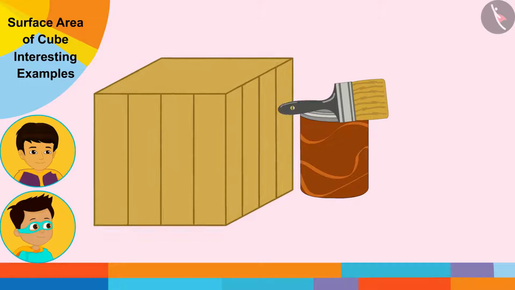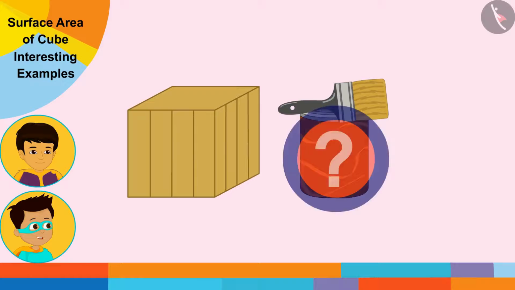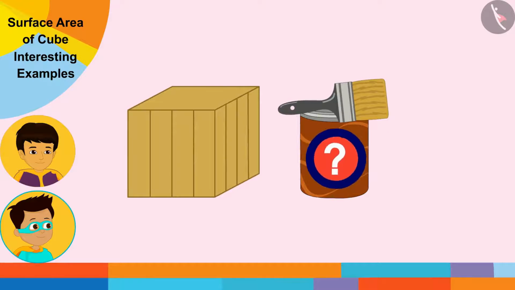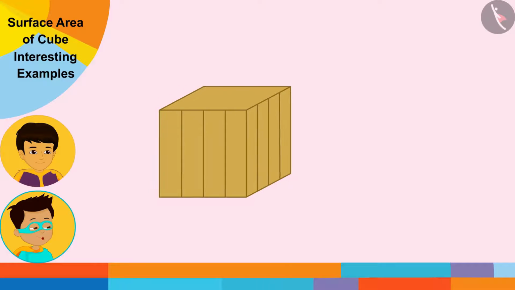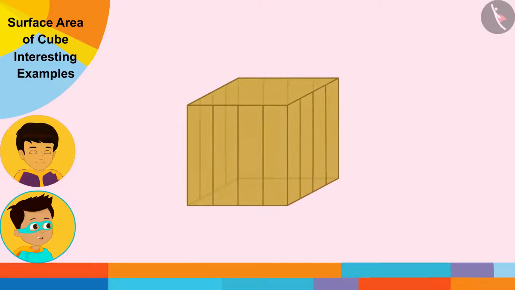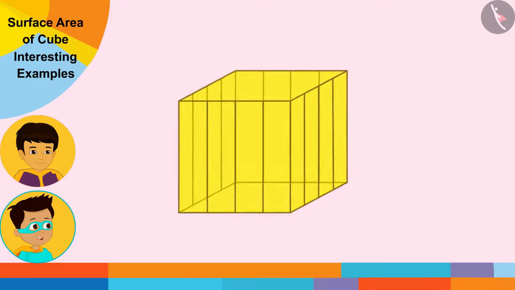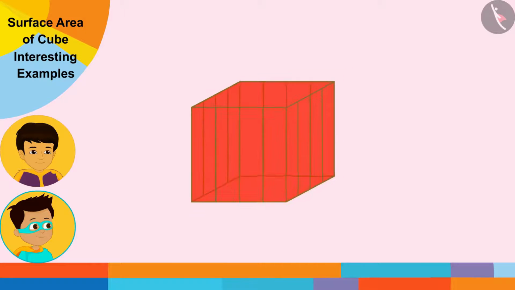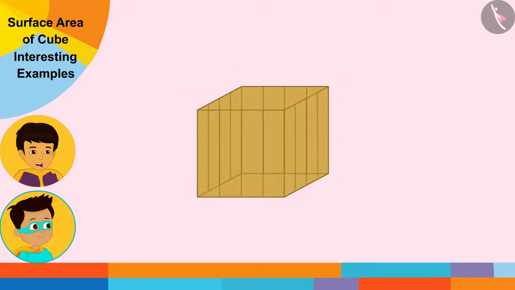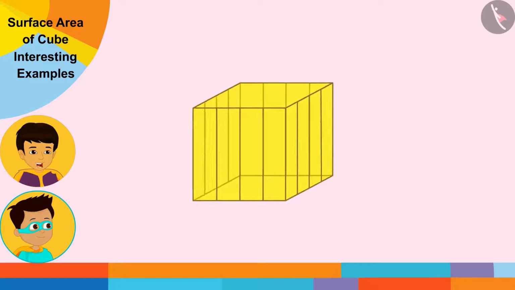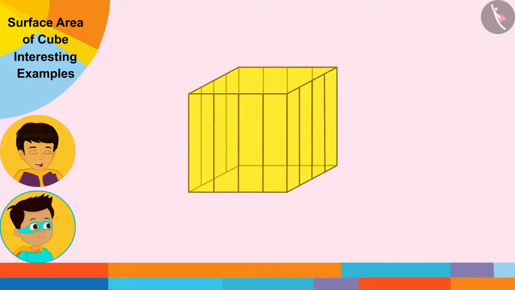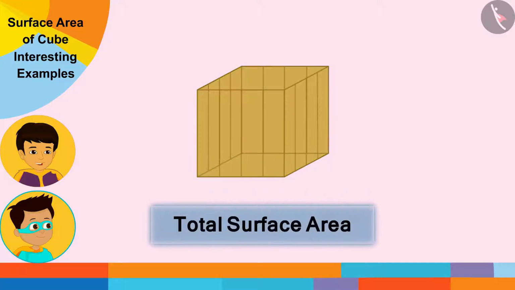To find out how many boxes of paint you will need to paint this stool, first we need to find the sum of the areas of all the surfaces of this stool. But the sum of all the surfaces of this cubic stool will be equal to its total surface area, right? Absolutely right. Therefore, we will find the total surface area of this cubic stool.